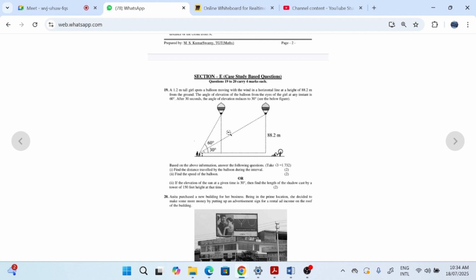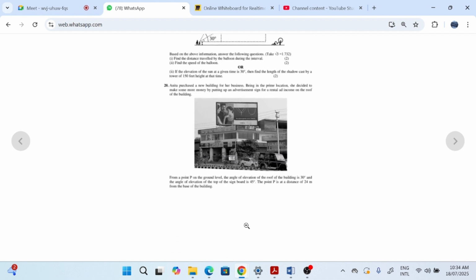This one I got 259. 259.8 is perfectly correct. Good job, kids. Most of the kids have got the basics correct and you are able to do the difficult ones too. That answer is perfect.